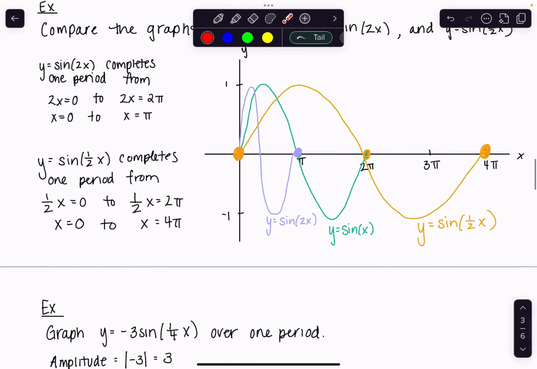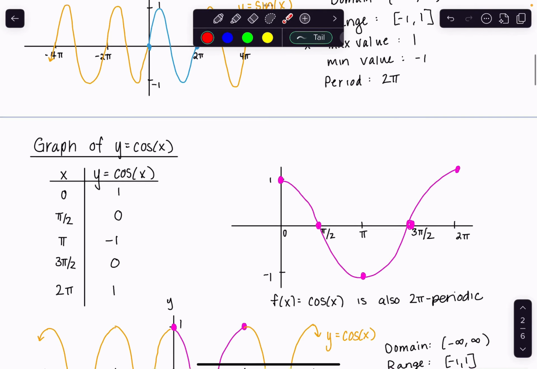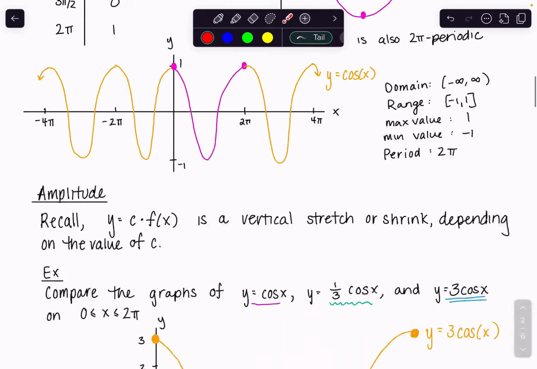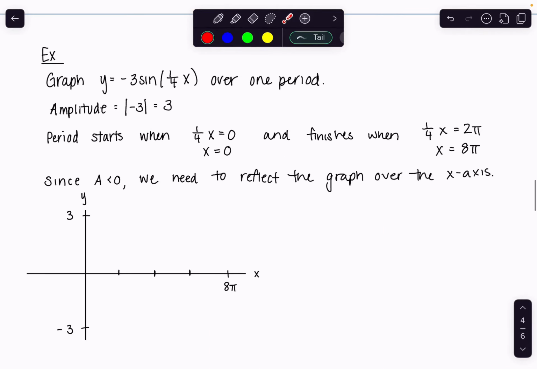So again, just to go back up here to show you, we have 5 main quadrantal angles. So there are 5 key components we need to find. 2 of them you find already just by setting the inside equal to 0 and 2 pi. So if I didn't have that minus sign, I would go ahead and graph my function as normal.